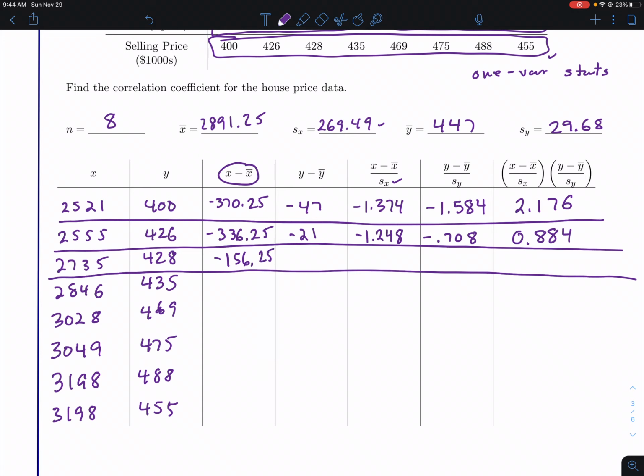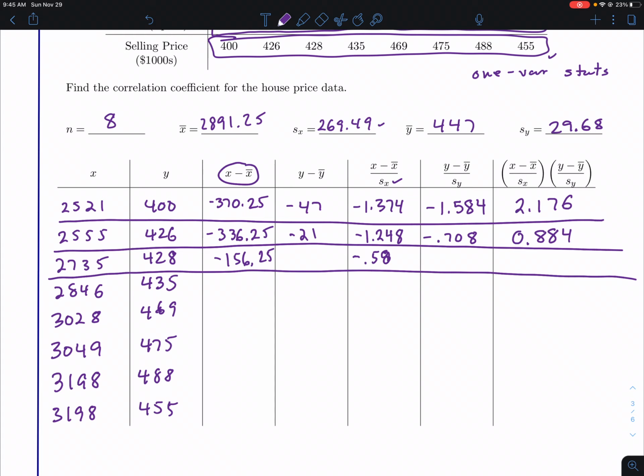Let's divide that by the standard deviation, 269.49, which gives us negative 0.57, which rounds to negative 0.58.